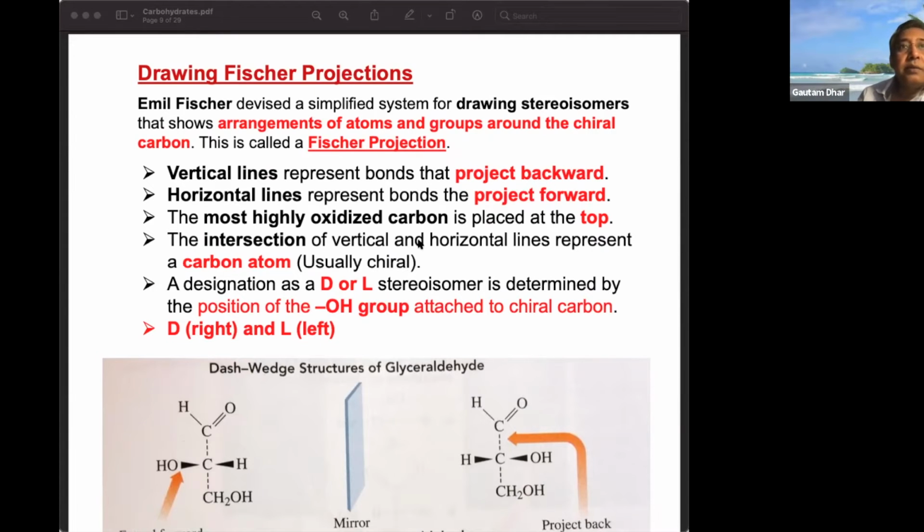The intersection of the vertical and horizontal lines is the carbon atom, usually the chiral carbon. The designation D or L is determined by the position of the OH attached to the chiral carbon: D to the right and L to the left, and they are mirror images of one another.